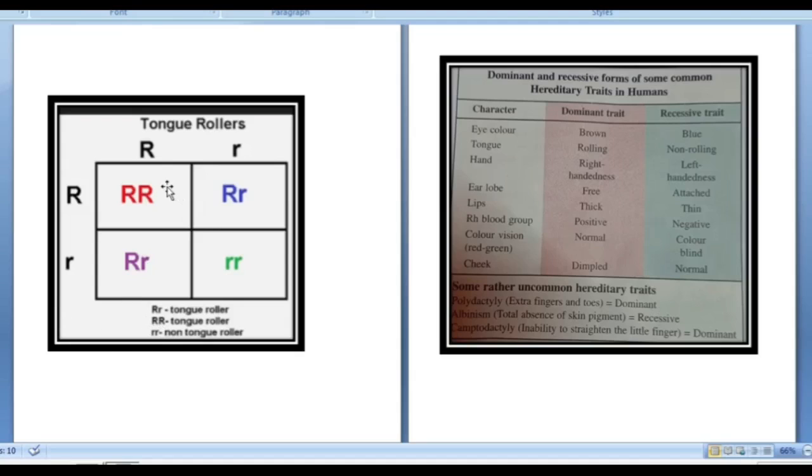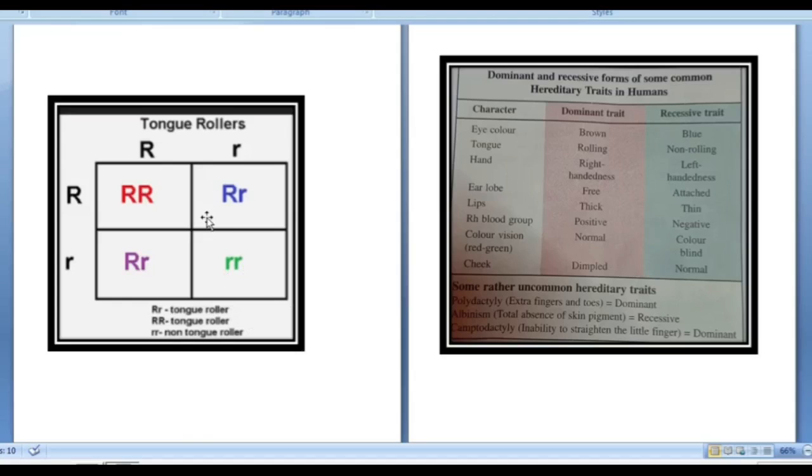It means that the parents were not homozygous. Each parent had a small r gene in their body, and because both the parents are capable of rolling their tongue, they had a capital R allele as well. So they were heterozygous. The offspring that were formed will have either capital R capital R, capital R small r, capital R small r, or small r small r. The small r small r one will be a non-roller.